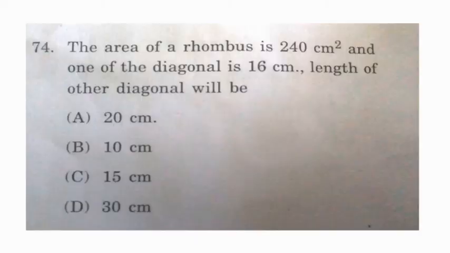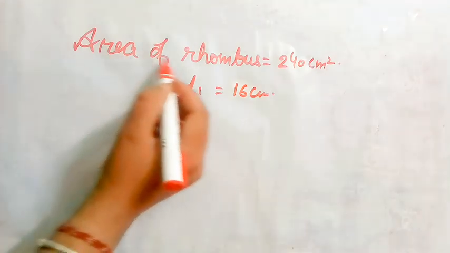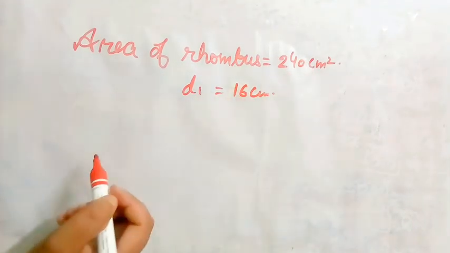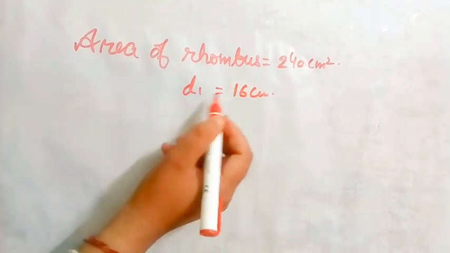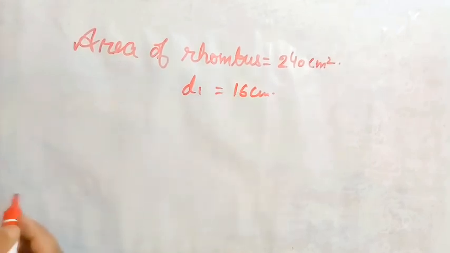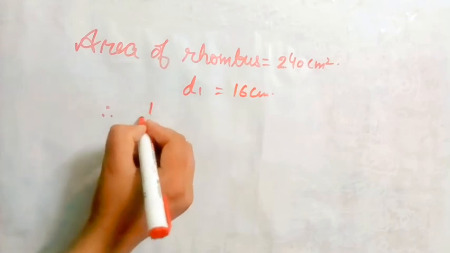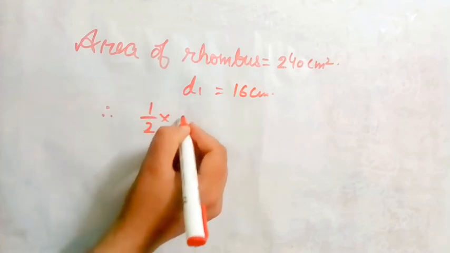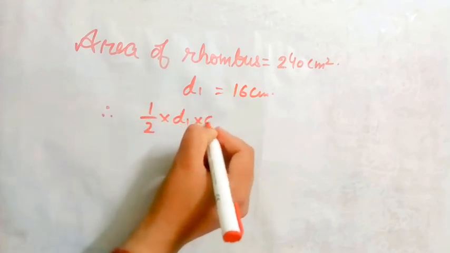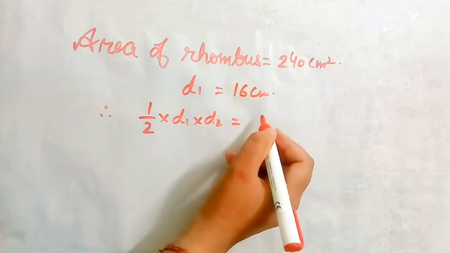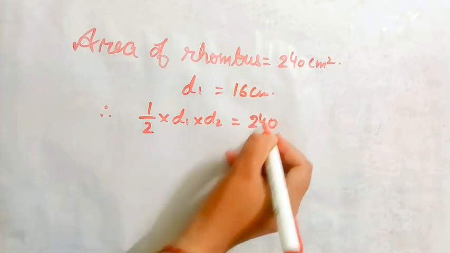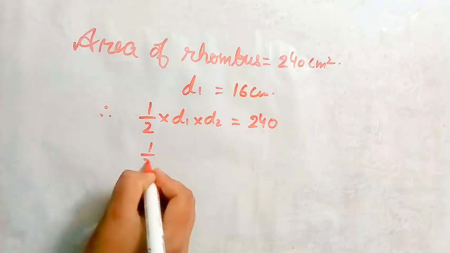Next is the area of a rhombus is 240 centimeter square. If one diagonal is 16 centimeter, find the other diagonal. So we are given area of rhombus is 240 centimeter square and diagonal 1 means one diagonal is given 16 centimeter. So we know the formula, it is half into d1 into d2, which is given equal to 240.